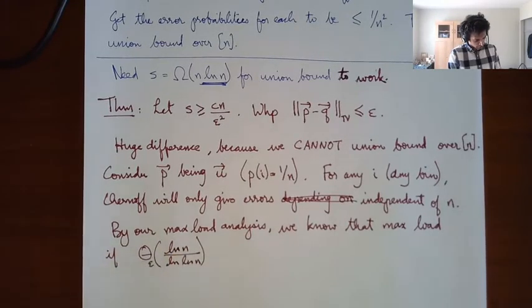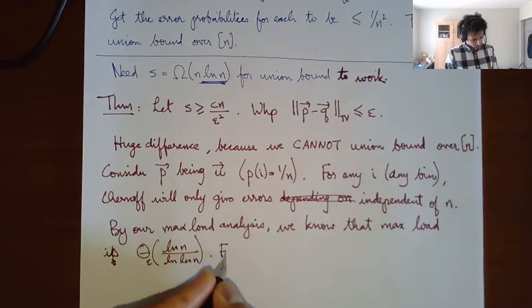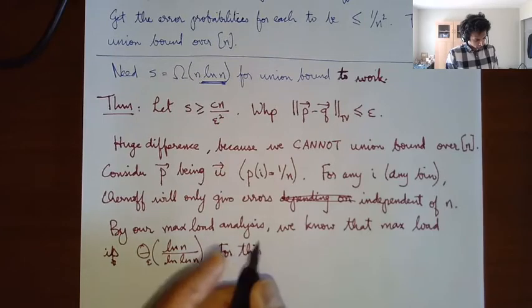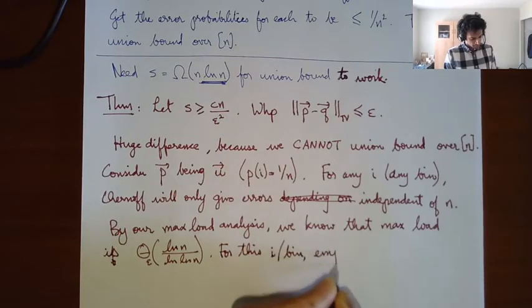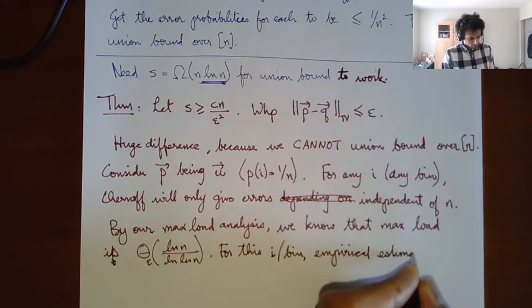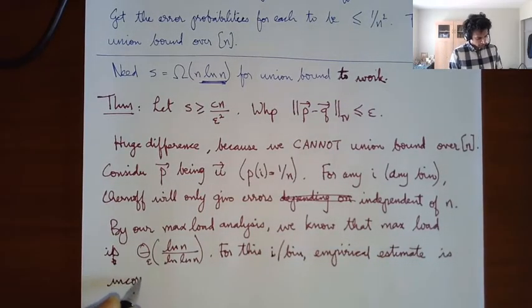There's some dependence on epsilon that I'm ignoring here, but in terms of the asymptotics of n, we know that the max load is log n over log log n. So for this i, or this bin, the empirical estimate is incorrect or has large error.